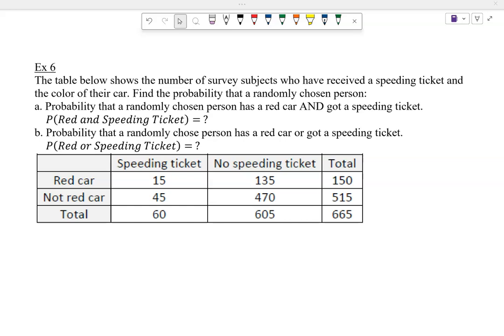We've got this table. It's got people that have received a speeding ticket or not a speeding ticket, and if they had a red car or not a red car, right? Let's do part A. Now, part A is from last section. It's asking us, what's the probability if I was to go in and grab out of this bag of people that I grab somebody with a red car and they have a speeding ticket?